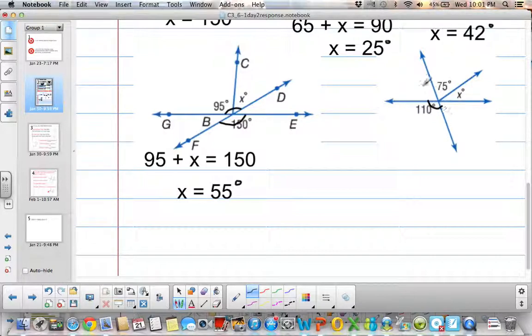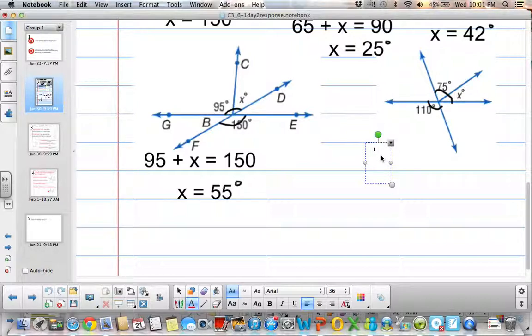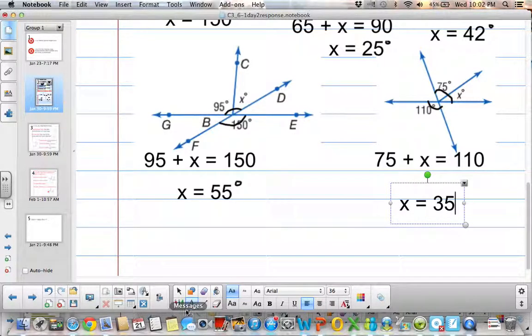Yeah, this angle 110 is congruent to this angle right here. I was confused there for a second. So then we know that 75 plus x equals 110. I'm second guessing myself because that doesn't look totally right, but it is right. So 75 plus x equals 110, and then we take 110 minus 75, and we get x equals 35 degrees.